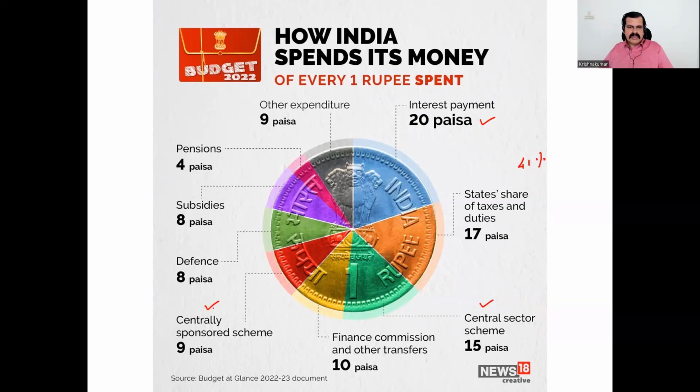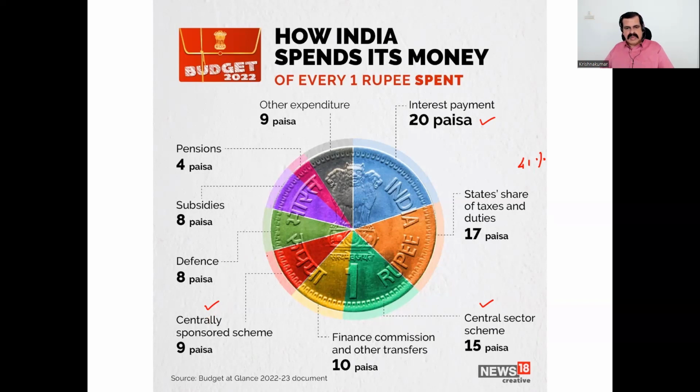A lot of schemes like the Mahatma Gandhi Rural Employment Guarantee Program or the Prime Minister's Gramin Sadak Yojana, for example, are examples of centrally sponsored schemes.